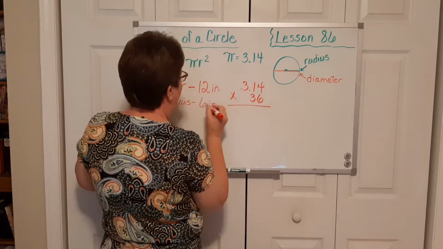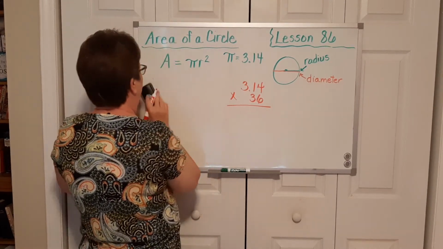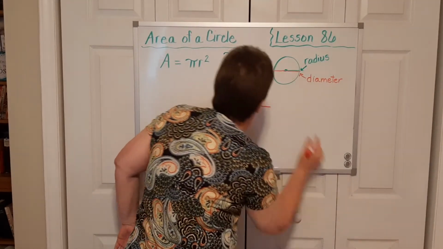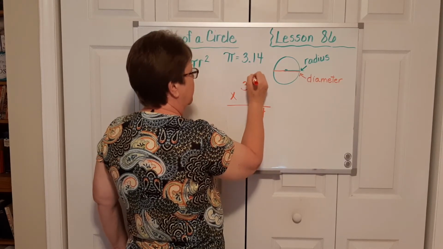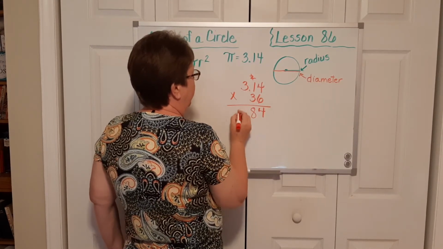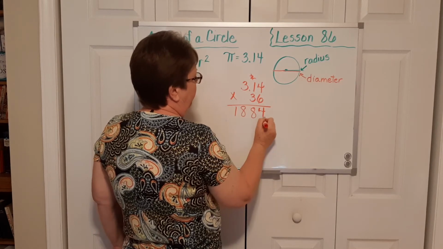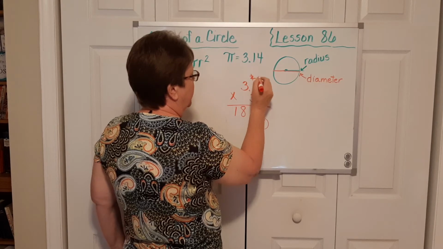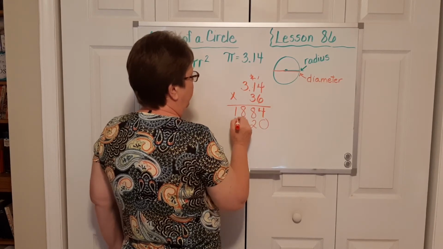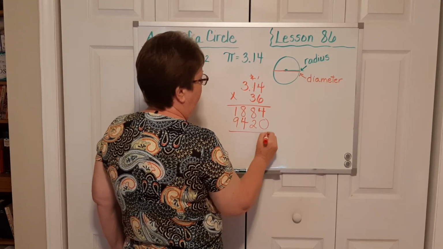Let's multiply. 4 times 6 is 24, carry the 2. 6 times 1 is 6, plus 2 is 8. 3 times 6 is 18. Put our 0. 3 times 4 is 12, carry the 1. 3 times 1 is 3, plus 1 is 4. 3 times 3 is 9. And then we add.